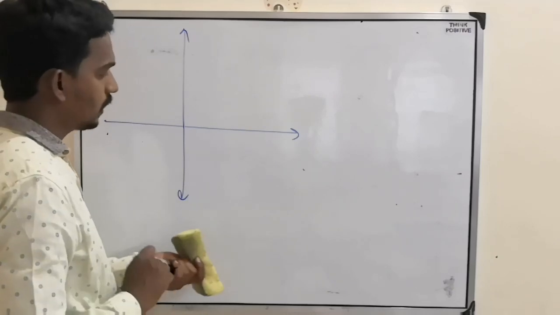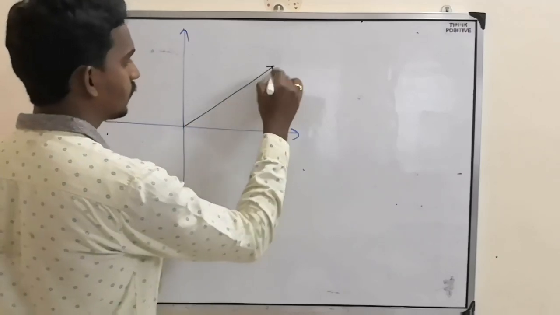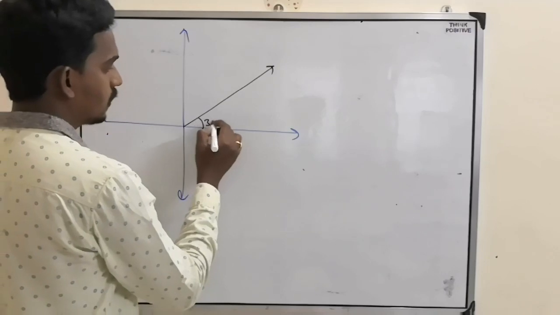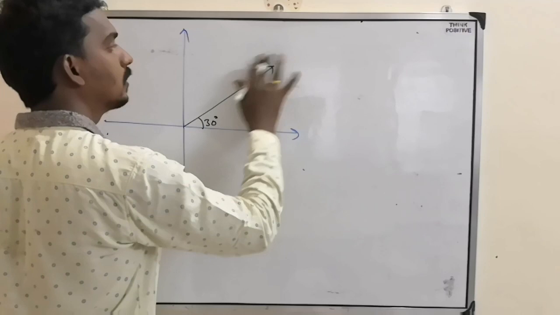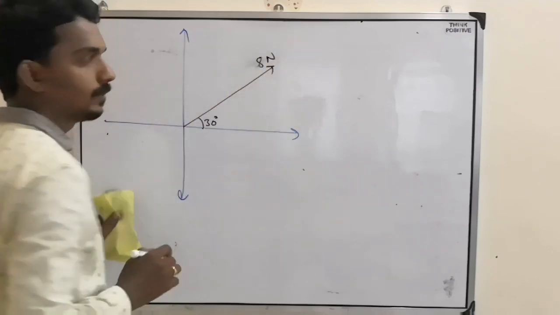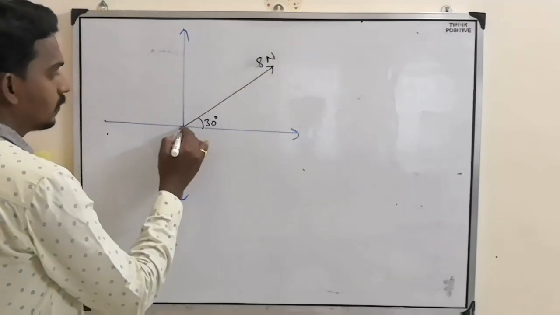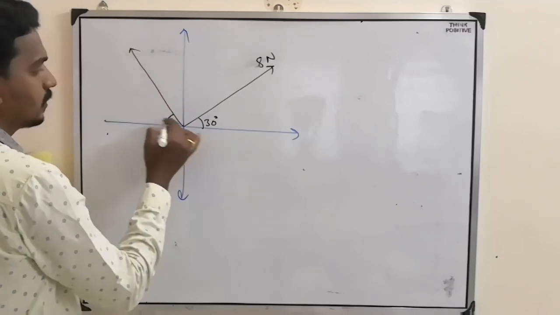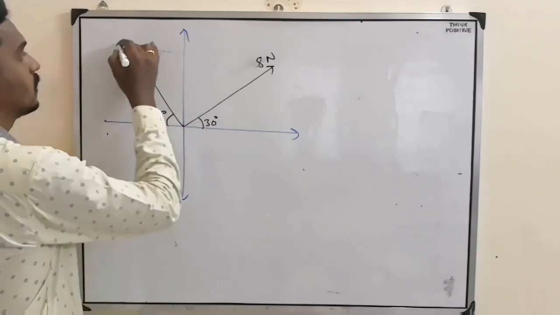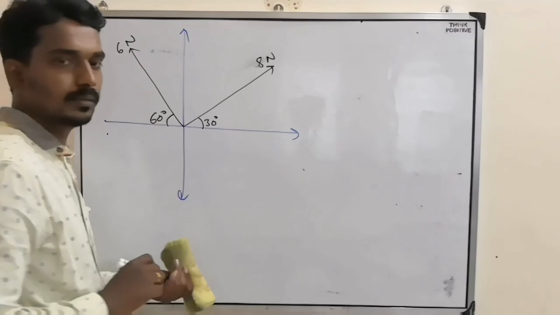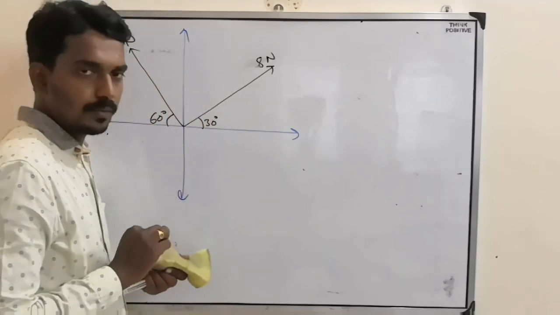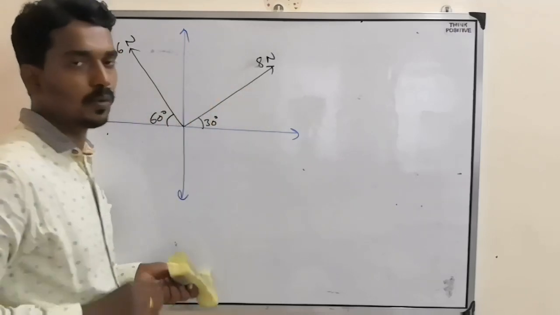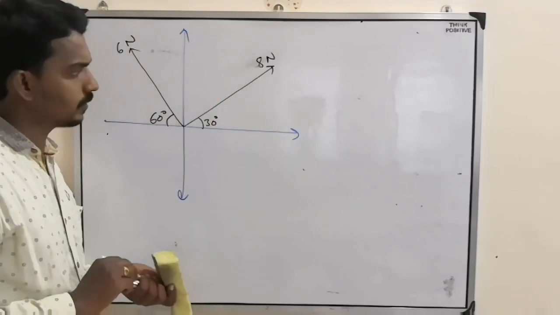One vector is, this is 30 degrees, this is 8 Newton. And this is 60 degrees, 6 Newton. So what is the magnitude of resultant of these two forces? That is the question, suppose.